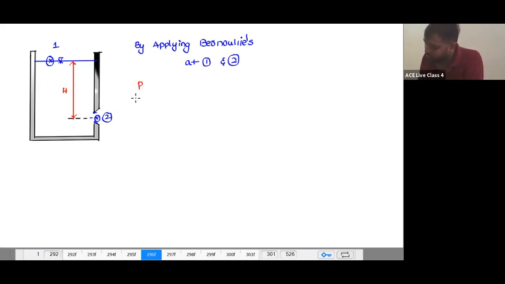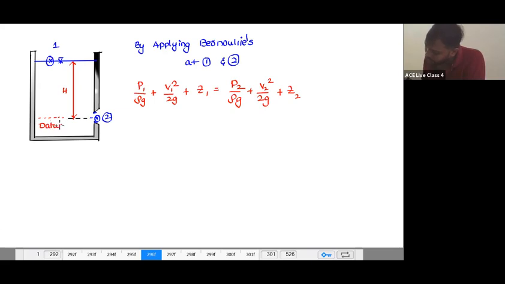So P1 by rho g plus V1 square by 2g plus Z1 is equal to P2 by rho g plus V2 square by 2g plus Z2. And let's assume the datum as the center line of the orifice.